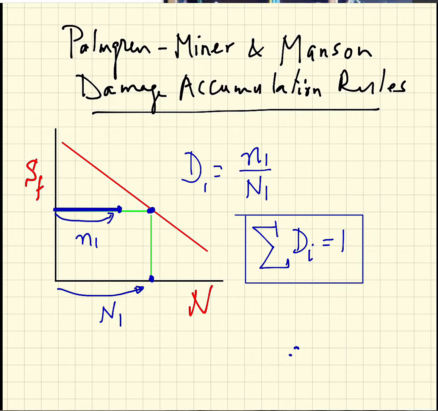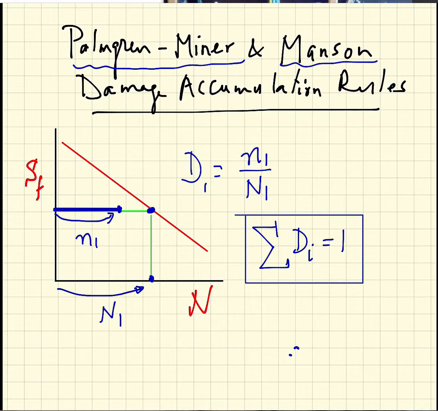The first one is the fundamental one, which is the Palmgren-Miner, the name of the two engineers who developed it. And then later we will discover that this rule doesn't account for cumulative damage from one block of cycles to another. So there's a little bit of modification by Manson.